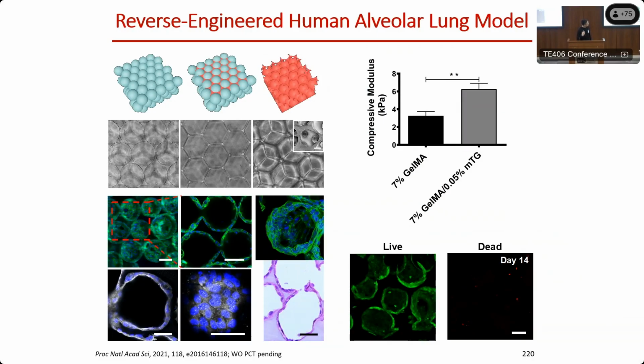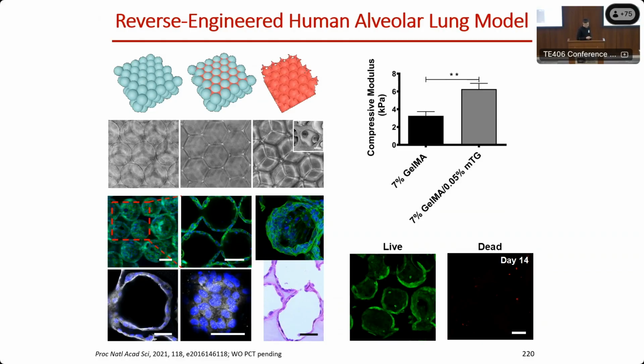Then you solidify the scaffolding material and selectively remove all the templating microparticles. This creates a scaffold that structurally mimics the actual distal lung, with sacs or pores coming together with windows connecting different pores for gas exchange.